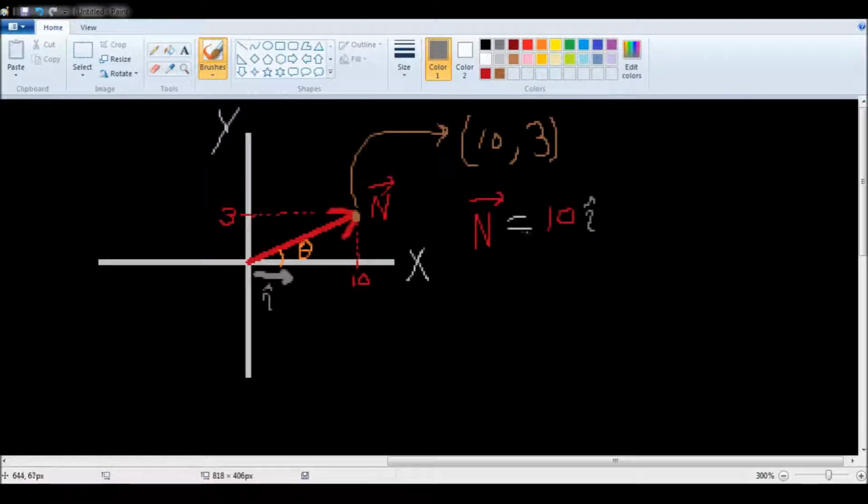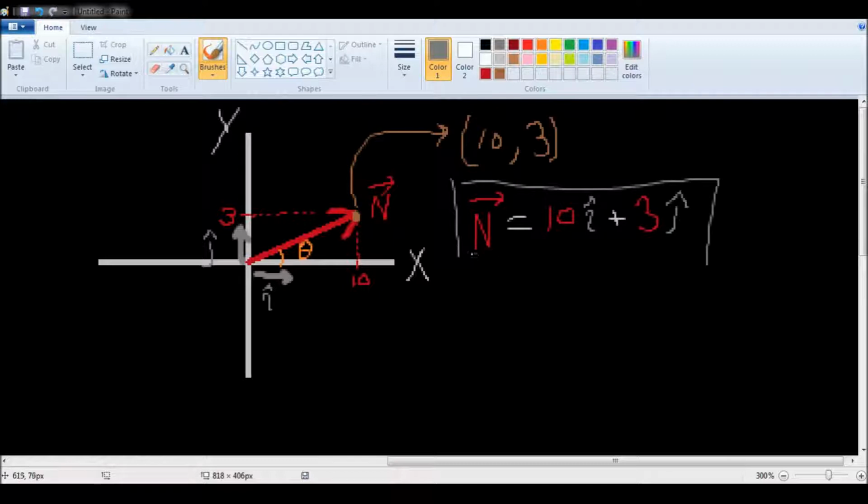Now that's not the whole story though, because we still have this 3 over here. And as I said a couple minutes ago, this is a 3 pointing in the positive y, or j hat direction, which means that we have gone a total of 3 units in the positive j hat direction. So I'm going to add to this a total of 3 j hats.